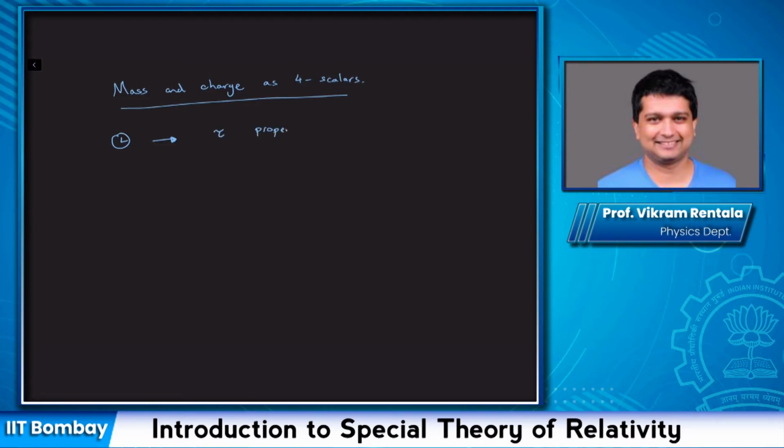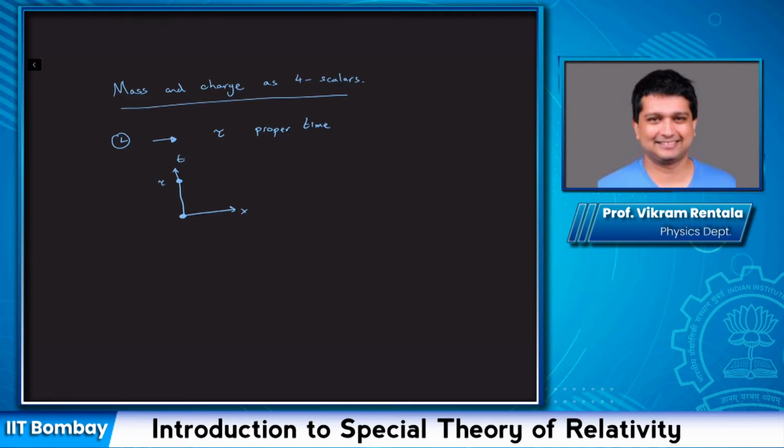So as we've seen, in the rest frame of a clock, the time that elapses on this clock, on an inertial clock, can be thought of as what is called proper time. And this proper time is a Lorentz invariant quantity. That is, every single observer will agree on the value of proper time. They may have different ways of calculating it, but they will always agree on the value of proper time.